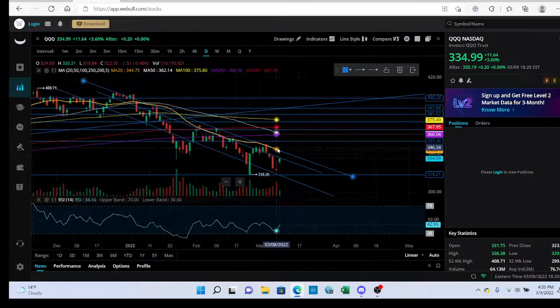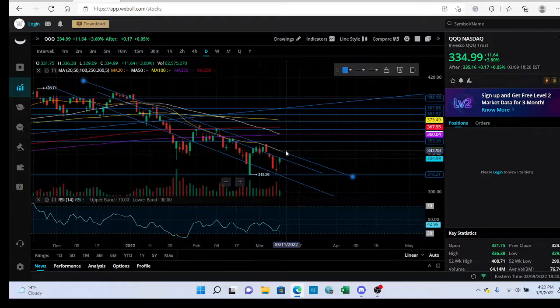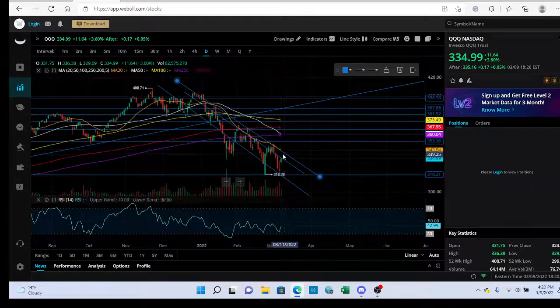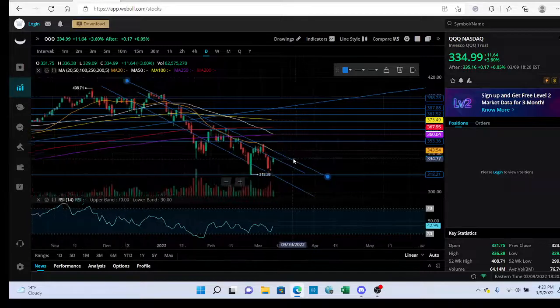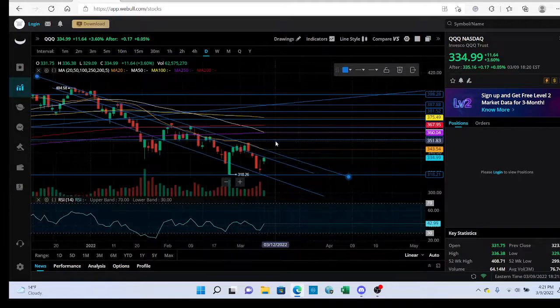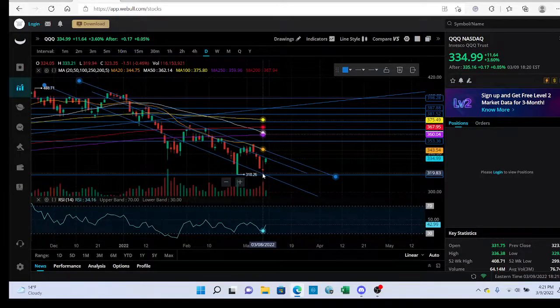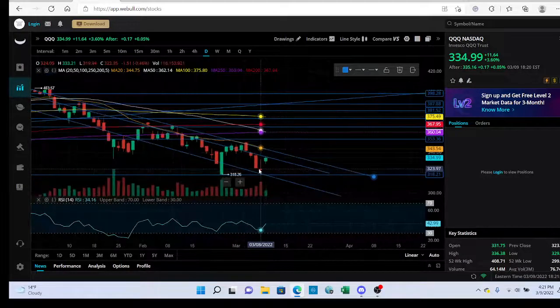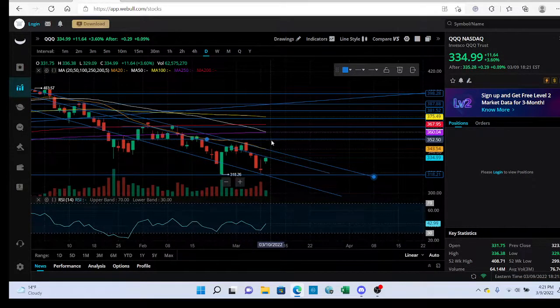And if we do break above this, the 20-day moving average is going to be resistance at 434.54. So watch out for that. For me to be bullish on QQQ, even slightly more bullish, because I'm not too bullish right now, is for us to get above 351, because that would mean that we have a higher low and a higher high.